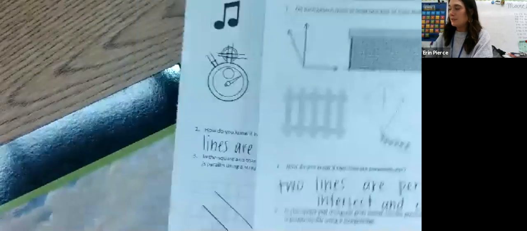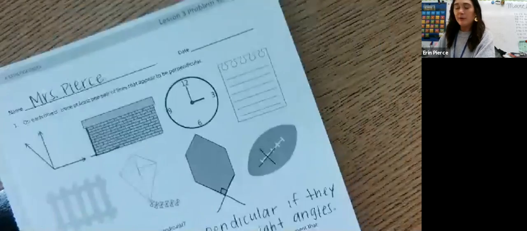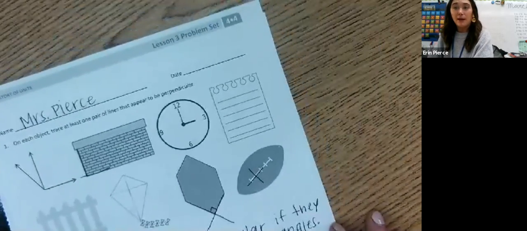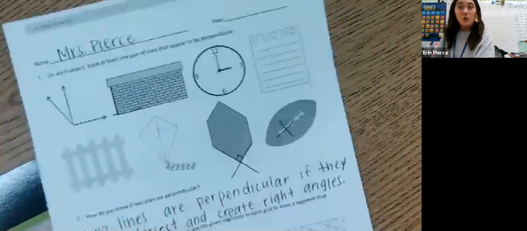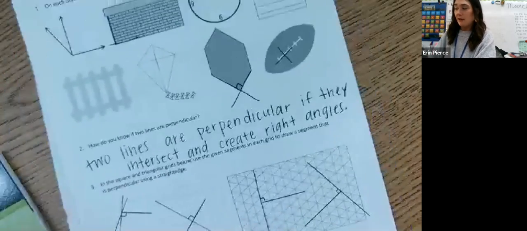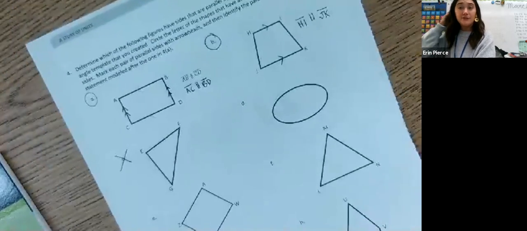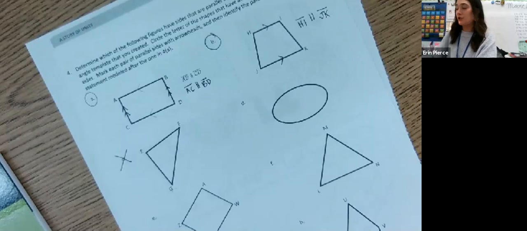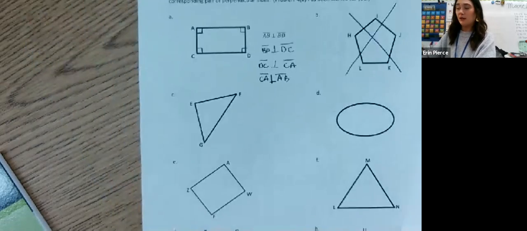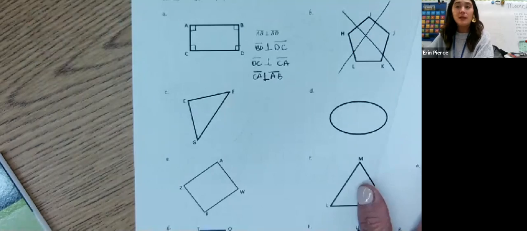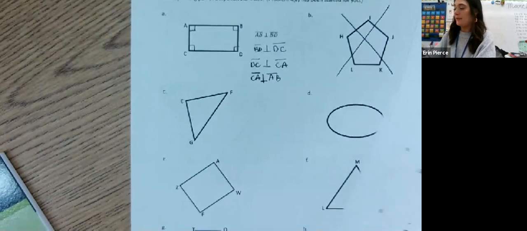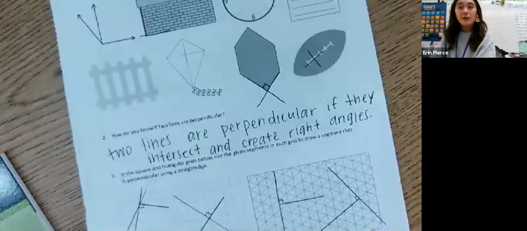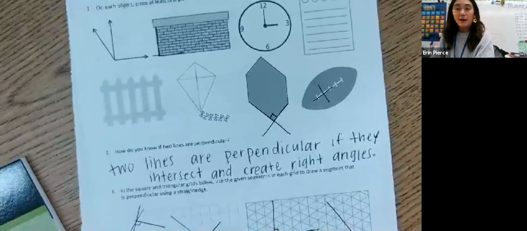You're going to take both papers, stack them together, lesson 3 and lesson 4, and you're going to turn them into my pink bin. If you are not quite done with 3 and 4 and we have time left, go ahead and finish lesson 3 and 4, number 4. If you are done, your whole page is finished, turn it into my pink bin.